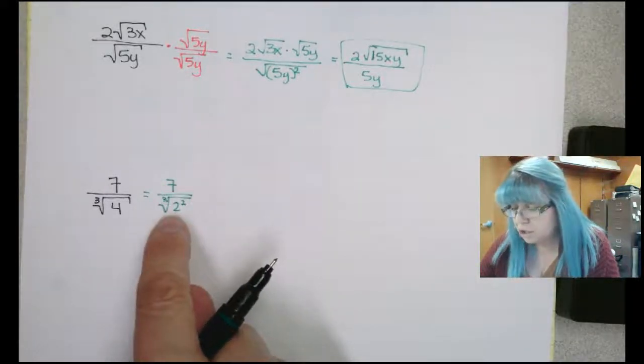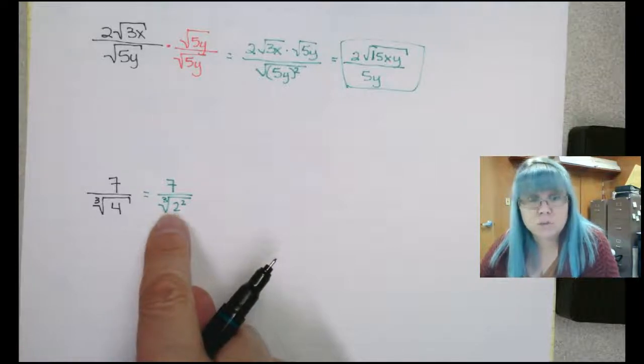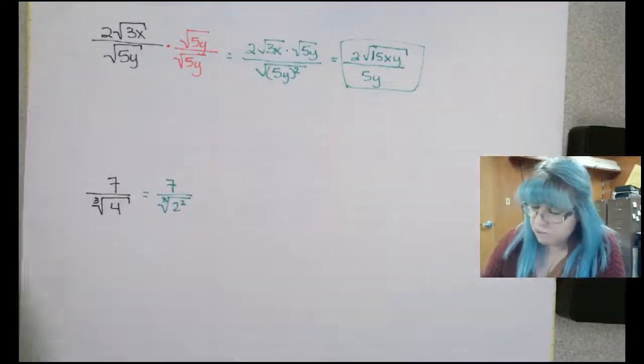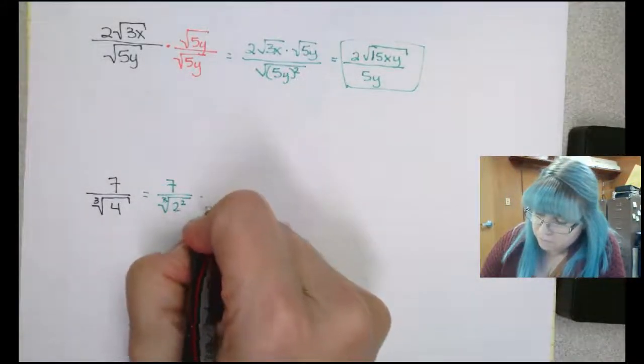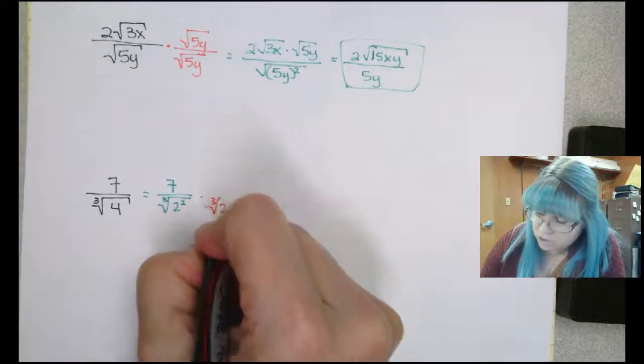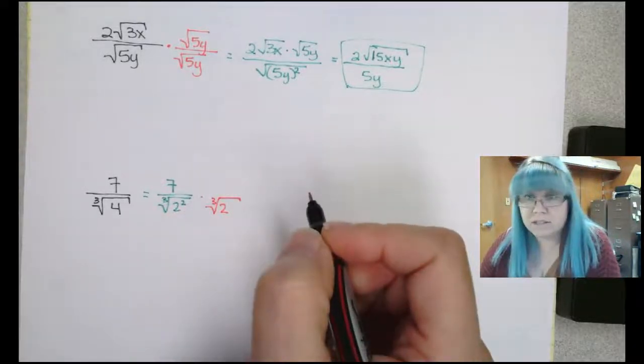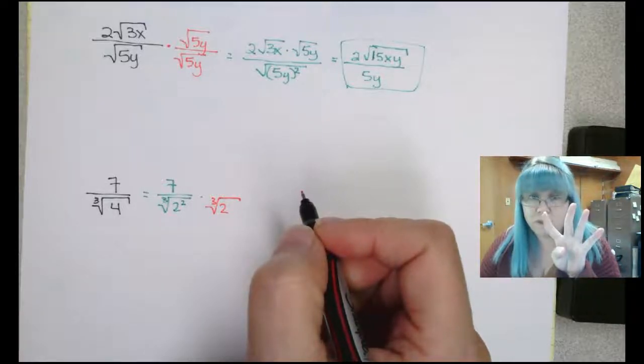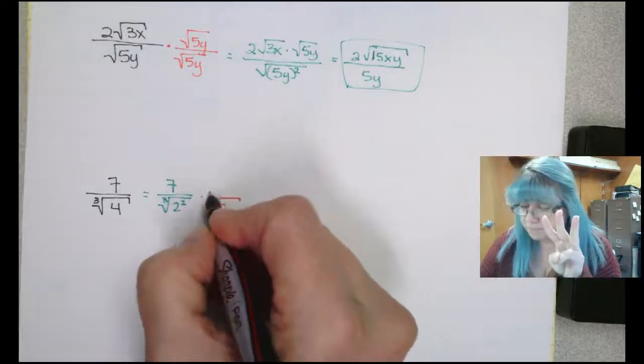So how many cube roots of 2 do I need? I need one more, because I already have 2. So if I multiply both top and bottom by the cubed root of 2, not 2 squared, because that would give me 2 squared, and 2 squared is 2 to the 4th. I'm looking for 3, so I only need one more 2.